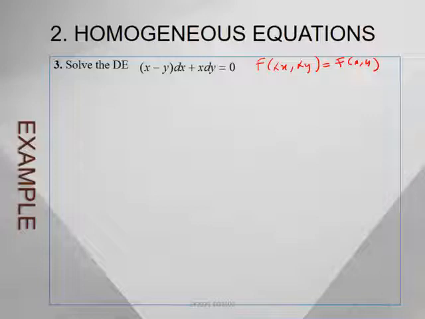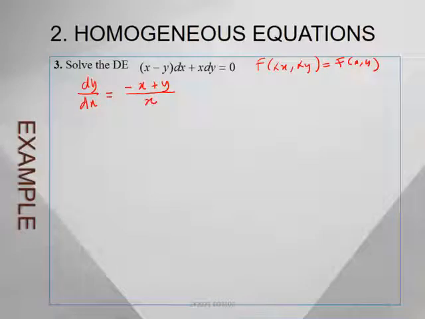So we can proceed with finding the solution. What is the equation just now? It is dy over dx equals (negative x plus y) divided by x, right?